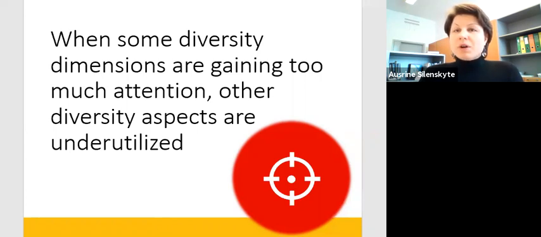However, this focus on visible dimensions might make diversity management strategy implementation in very homogeneous countries, like Finland, very complicated.